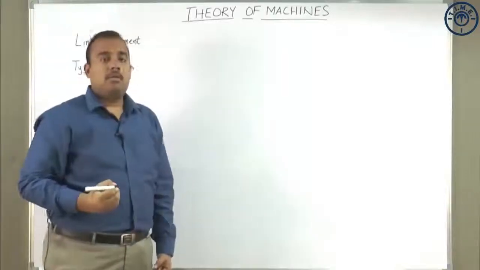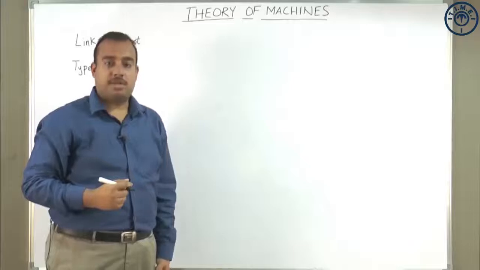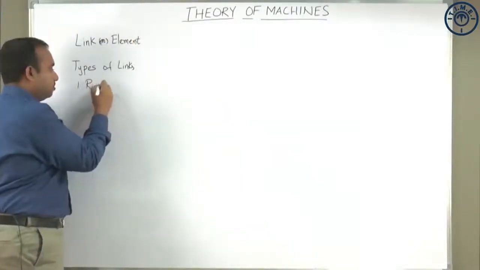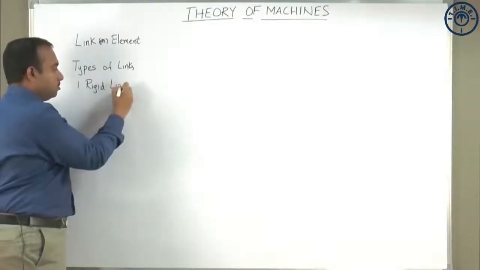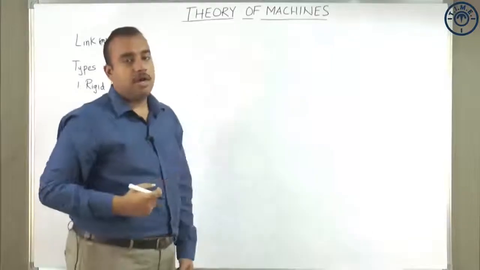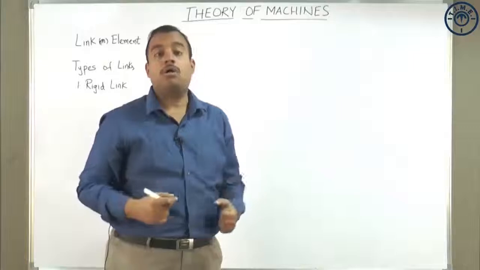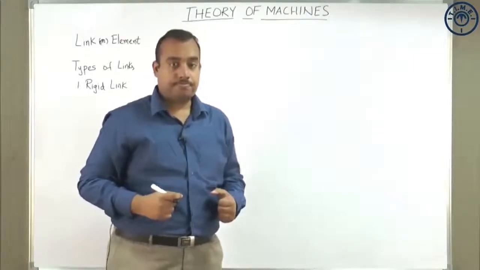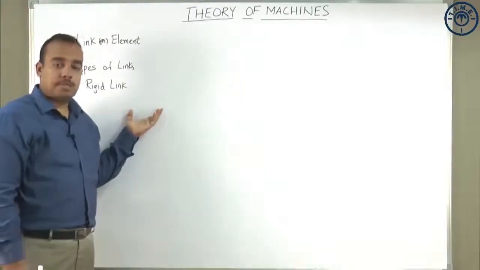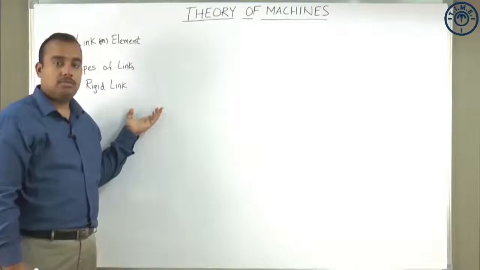there are different types of links. The first one is the rigid link. In a rigid link, the deformations are negligible under the application of external forces or loads. Examples of the rigid links are piston, crank, connecting rod, cylinder, and so on.